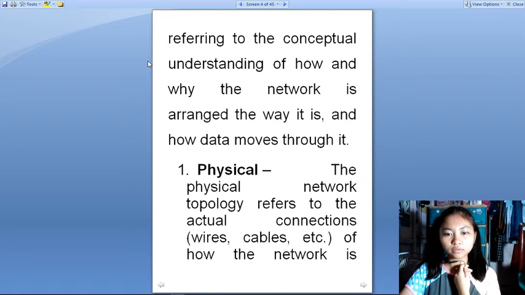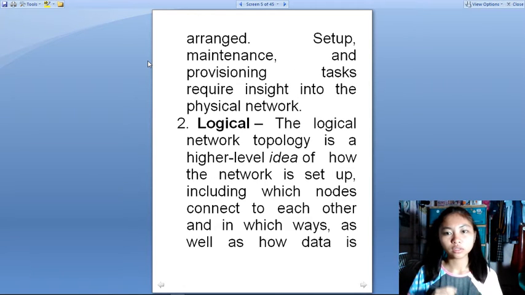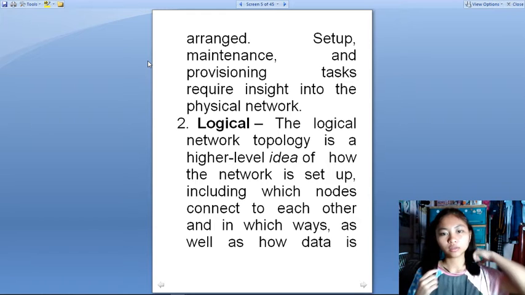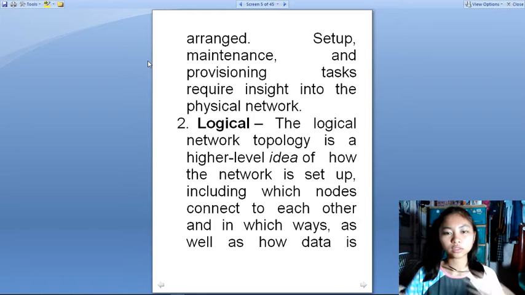So number one, physical. The physical network topology refers to the actual connections, or the wires, cables, etc., of how the network is arranged. Setup, maintenance, and provisioning tasks require insight into the physical network. Next is the logical.